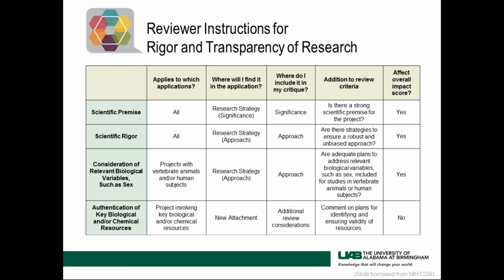We're looking for the scientific rigor and the approach, and that's a new attachment. And then will it impact the overall score? The first three, yes. The last one's no. Okay. But they will not release the funds until they're happy. But that doesn't go into this global criteria.